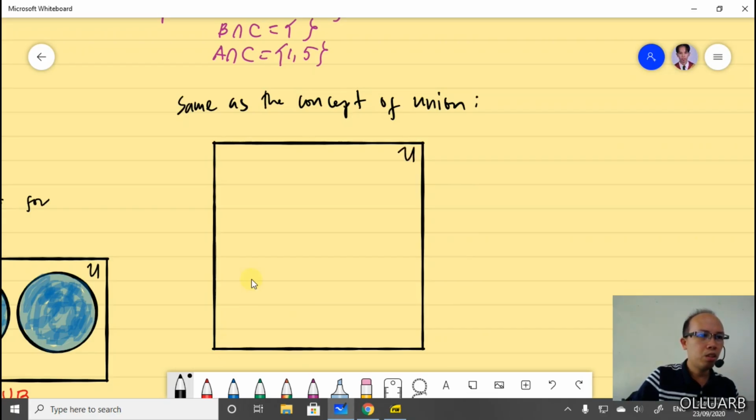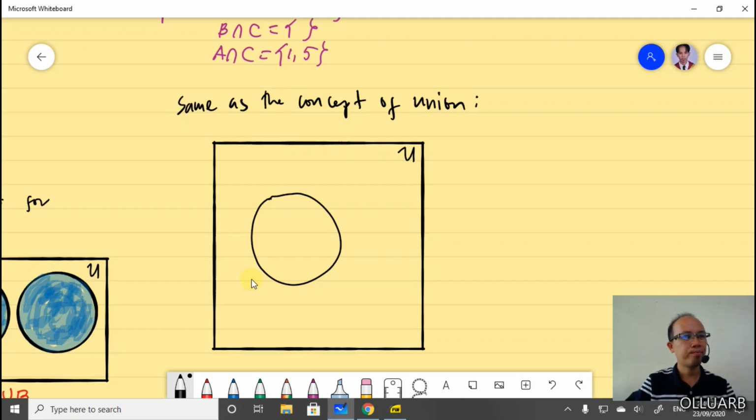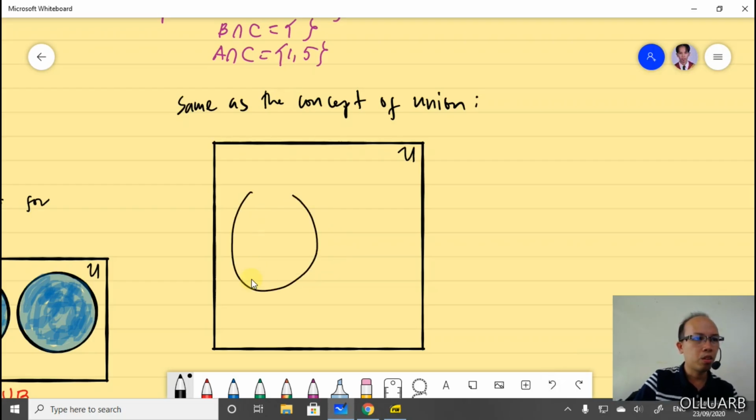So if you have a common intersection point, what if you have it? Let's make a perfect circle here outside, maybe.